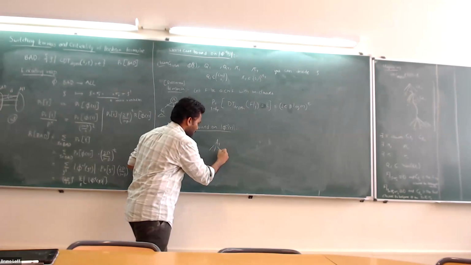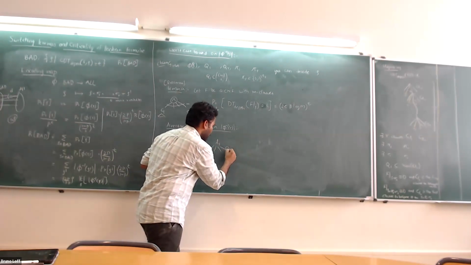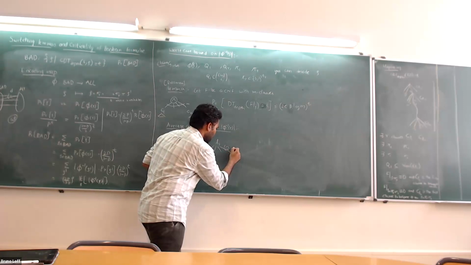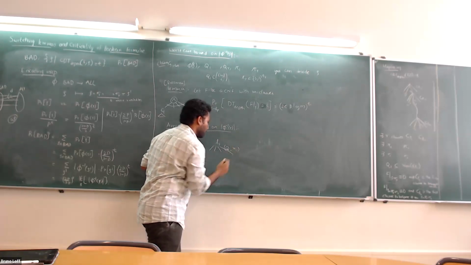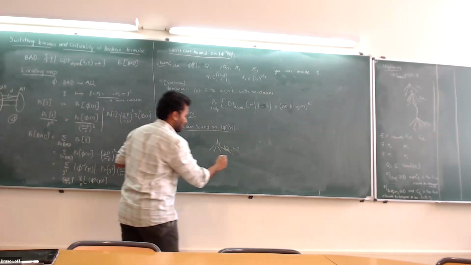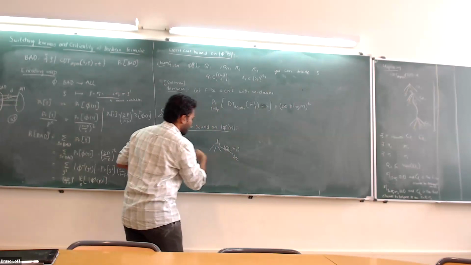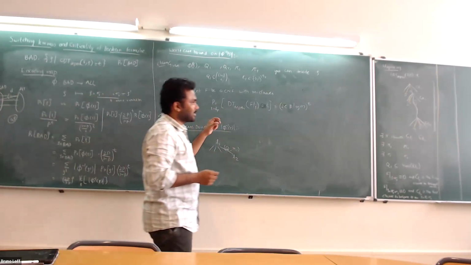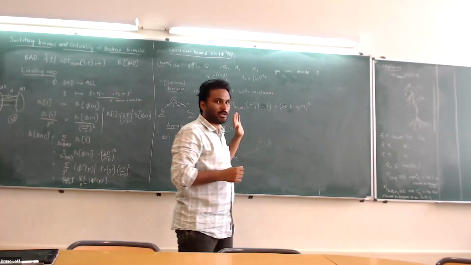And for each choice of Q1 and Phi1, these two are different as the second choice. Okay. So again, there is another simplifying assumption which I haven't mentioned.